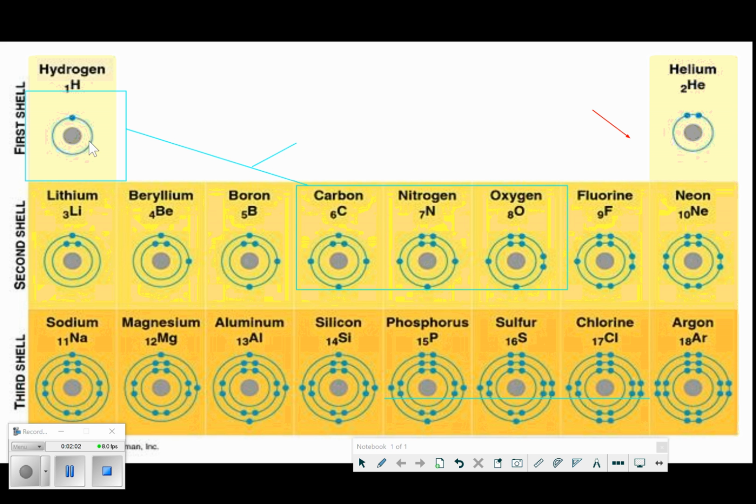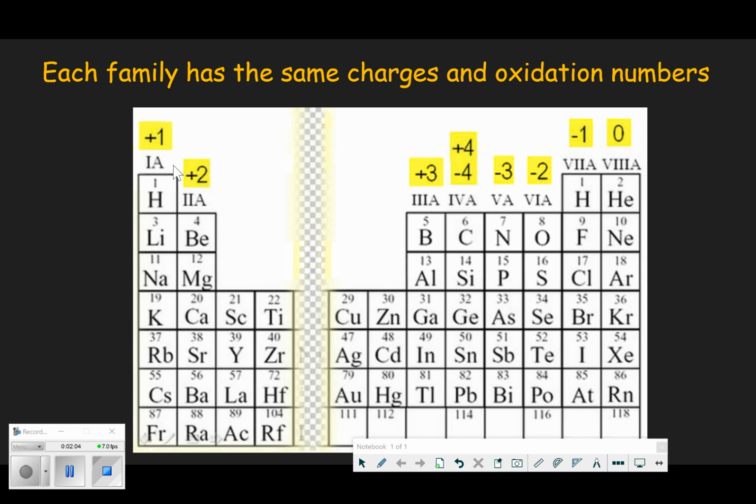So hydrogen is a -1. This hydrogen is really a -1. See right here? Each family has the same charges and oxidation numbers. Charges and oxidation numbers mean the same thing.